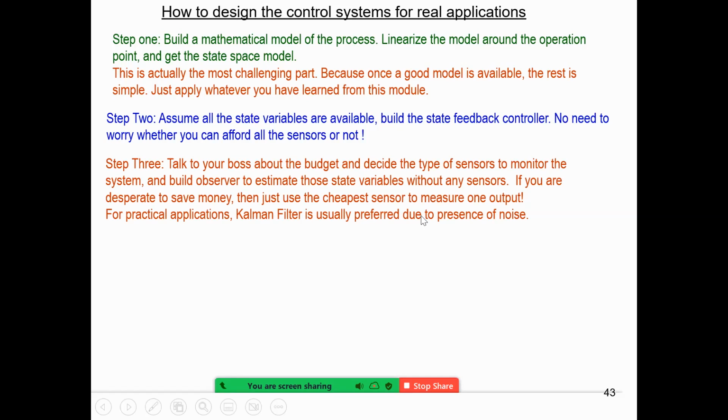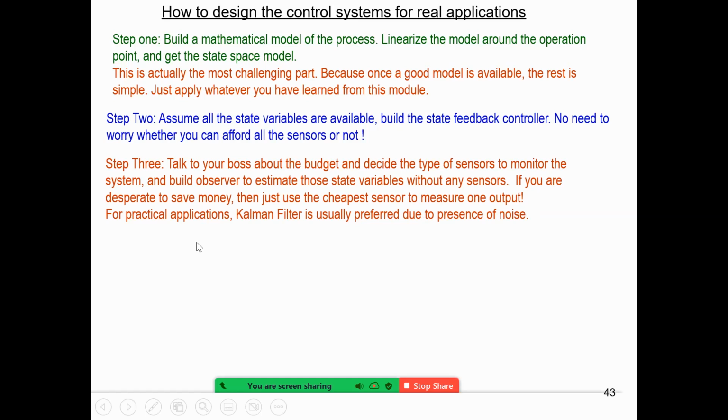Okay, then step 3. Then you have to decide what kind of output you want to observe, right? That depends on the budget. Then you decide how many outputs you want to measure. Of course, if you are very short of money, you want to just get one output.